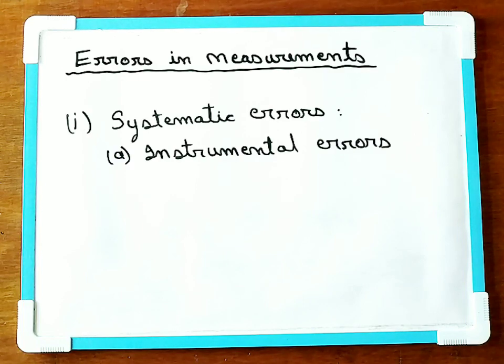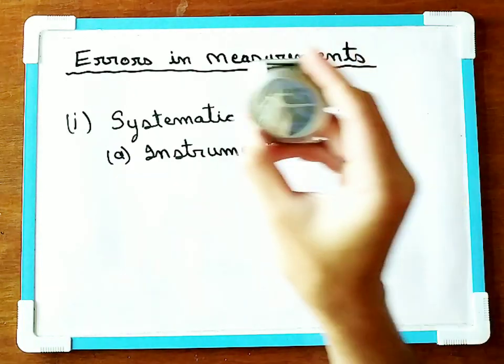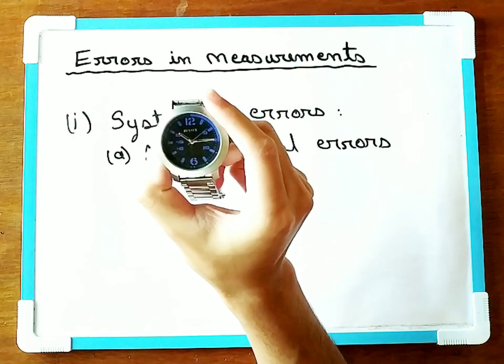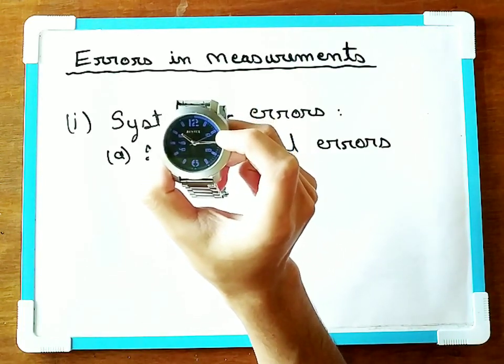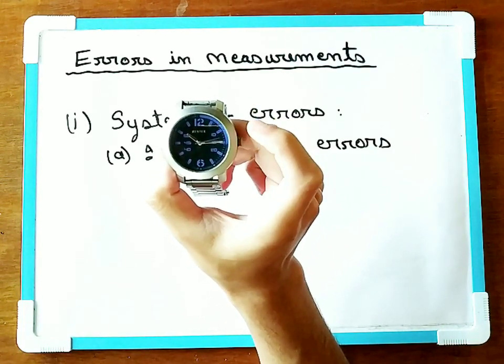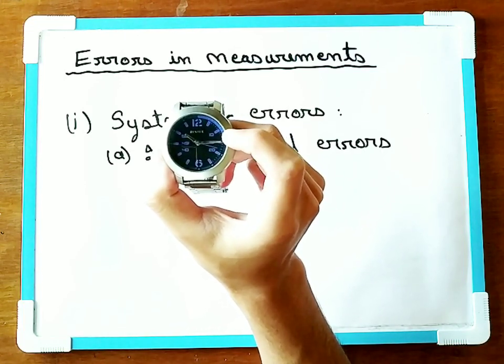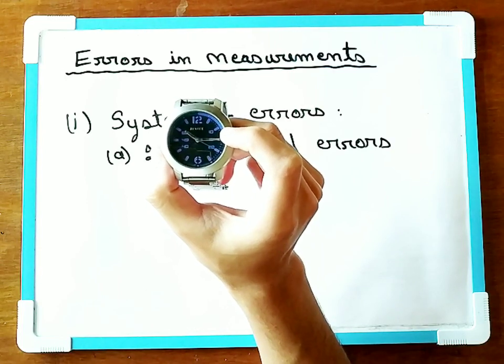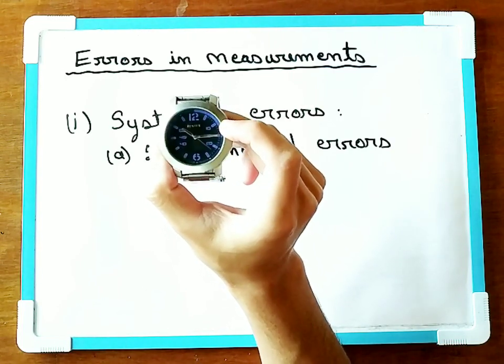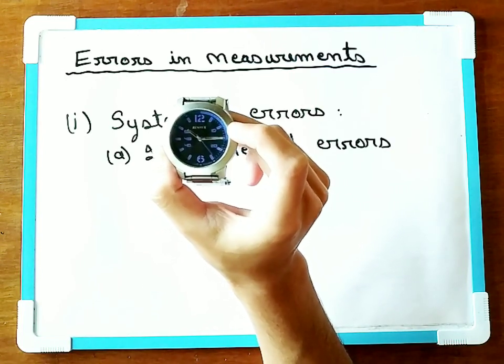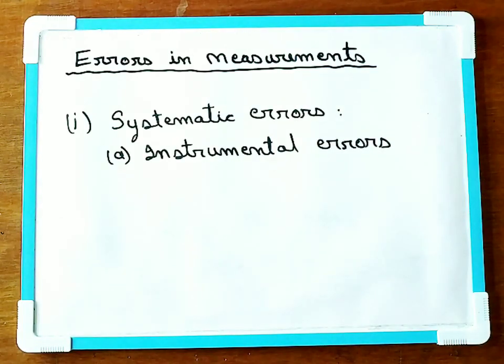For example, if I take my watch here, I have calibrated this watch to be much faster. So if I tell you the time using my watch, then it will be faster than your watch. So here there's an error in calibration. This is known as instrumental errors, errors in instruments.